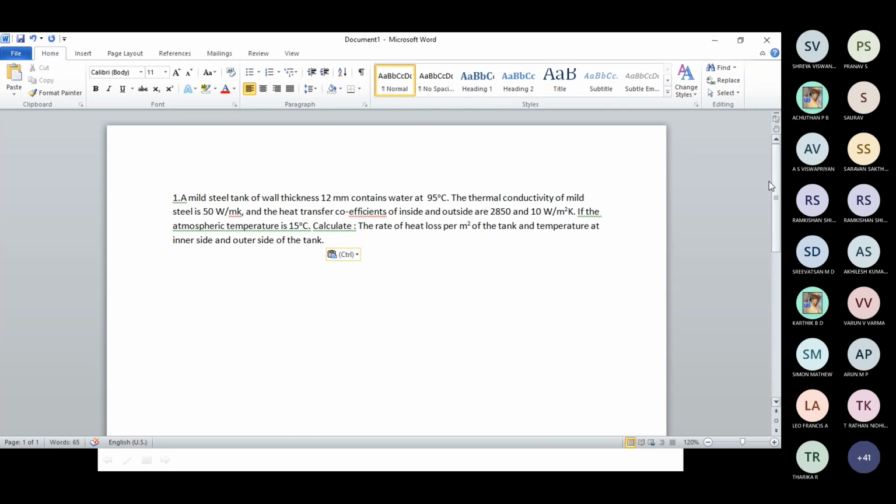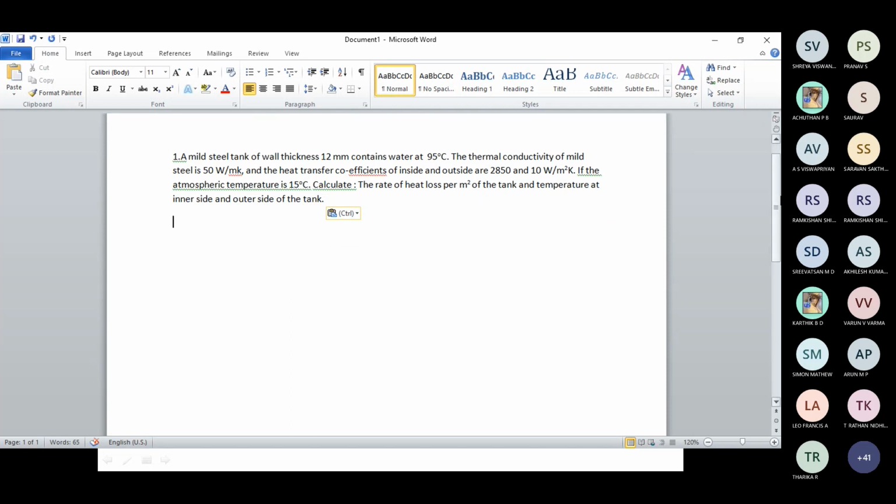So this is what was mentioned. All of you please take this problem in your notebook. Let me draw a small diagram and circuit so that it is easier for you to understand.